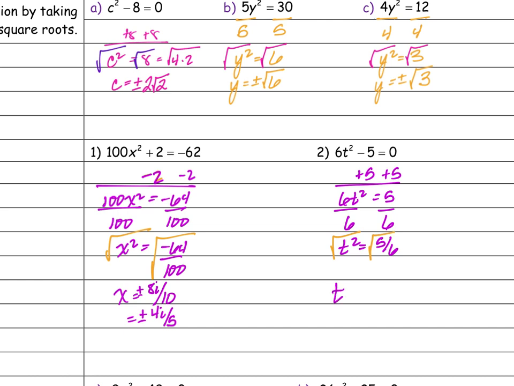So t is going to equal plus or minus the square root of 5/6. I'm not going to make you rationalize the denominator, not this time. We're just going to leave it as plus or minus the square root of 5/6. Okay? Done. Any questions? Are we doing okay so far?